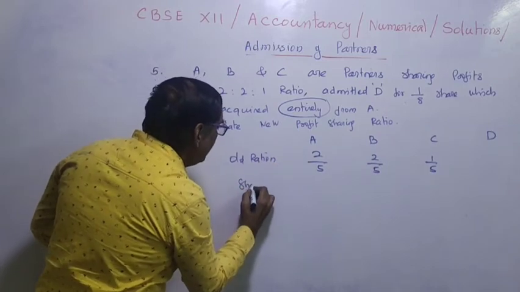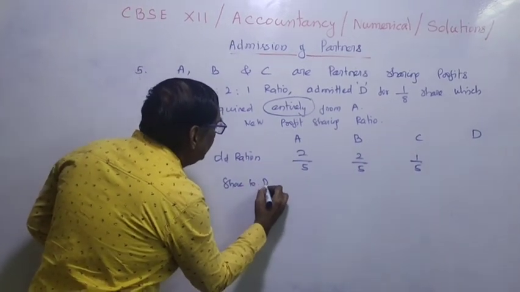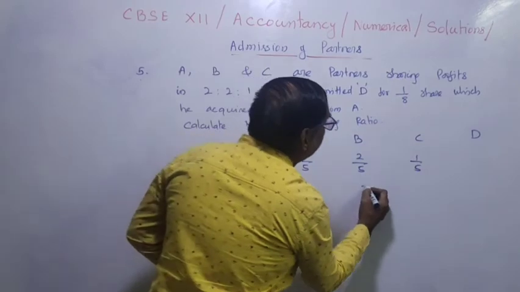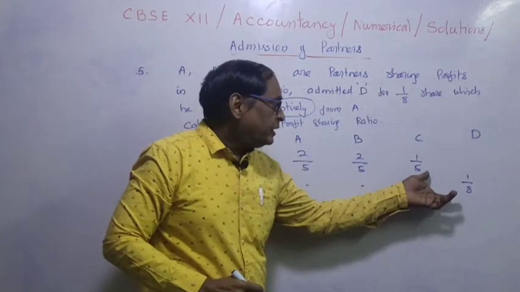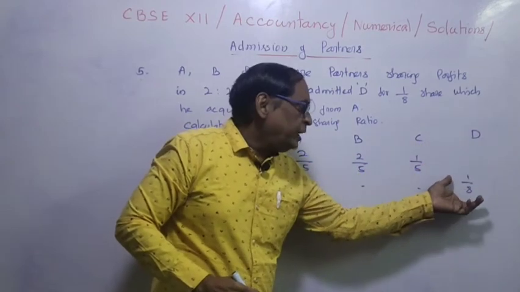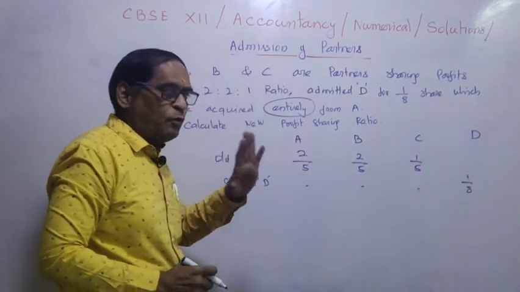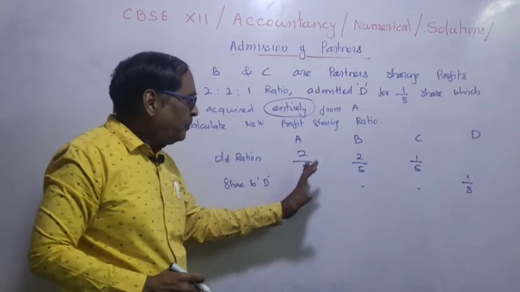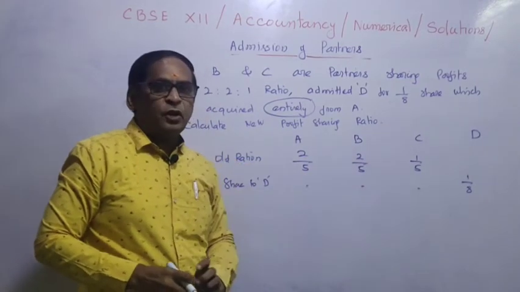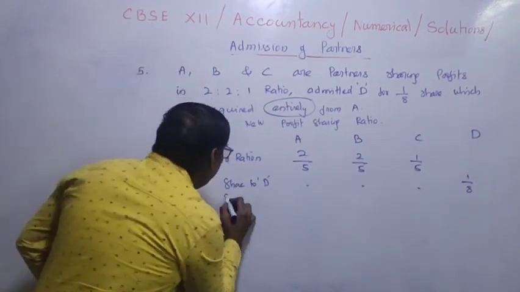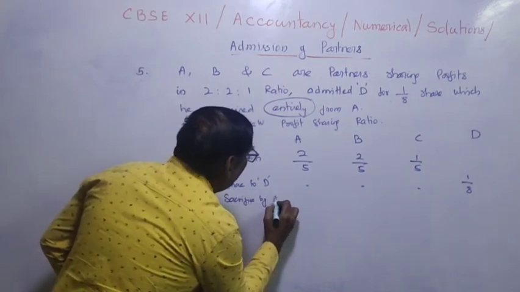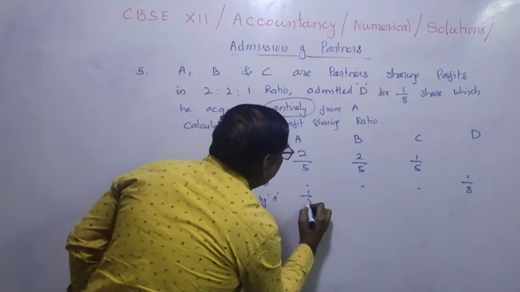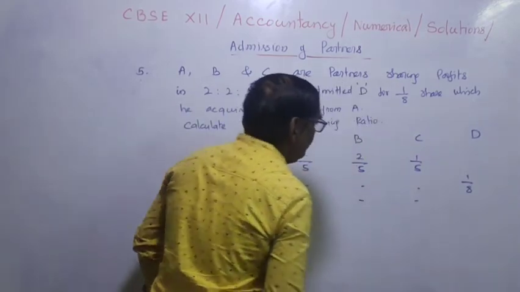The share given to D is 1/8 share. D is directly getting the 1/8 share from A alone. B does not sacrifice, C does not sacrifice. So the sacrifice is by A only, 1/8 share, others nil.